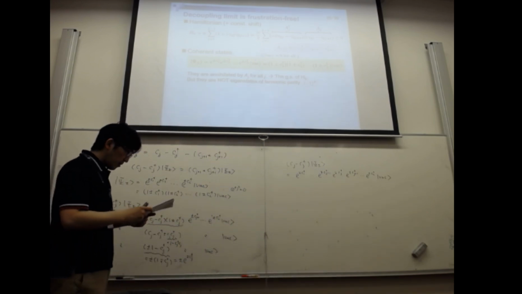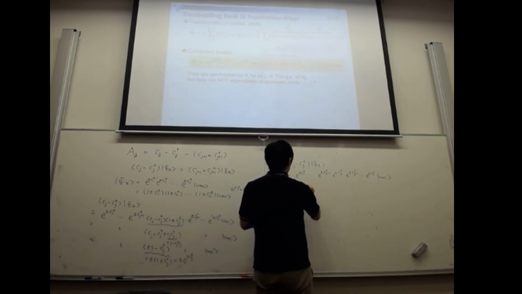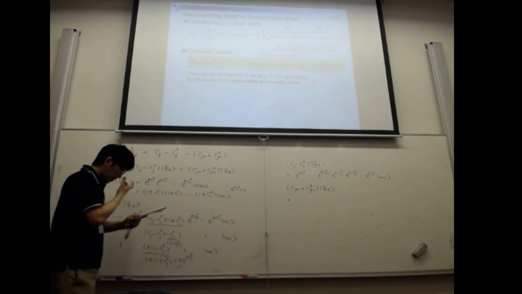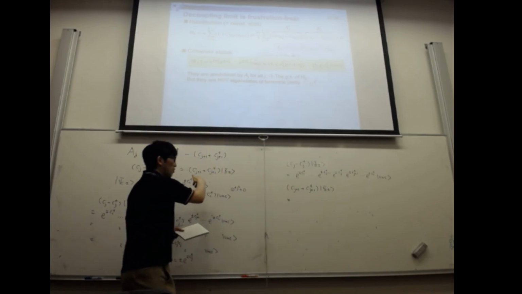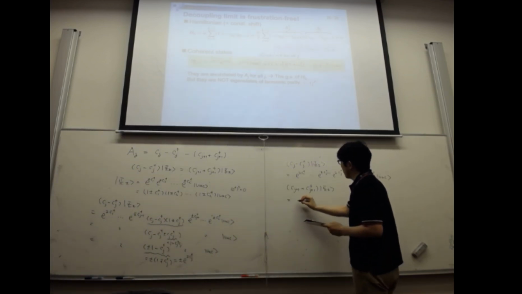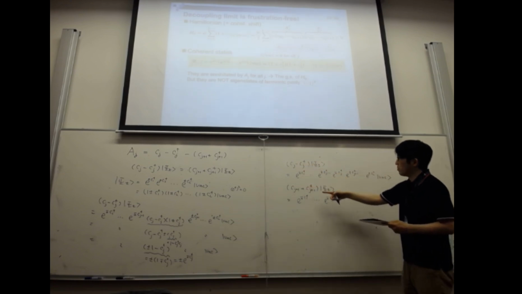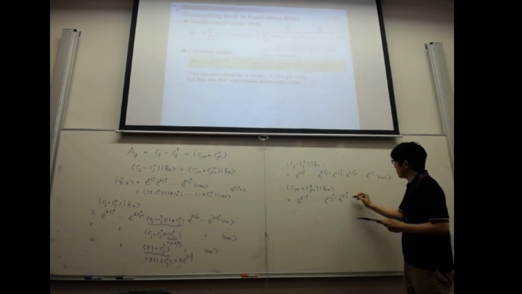Then you can do a similar computation for c_{j+1} plus c_{j+1} dagger on psi plus-minus. I don't want to do the computation because it is more or less the same as this kind of computation, so let me just write the result. Actually, this sign difference here is quite important, because of this difference you get the same expression.